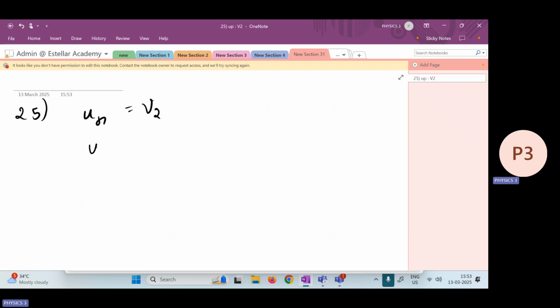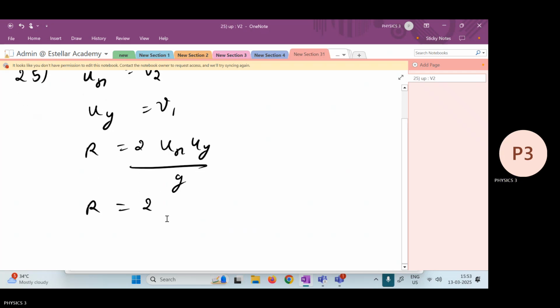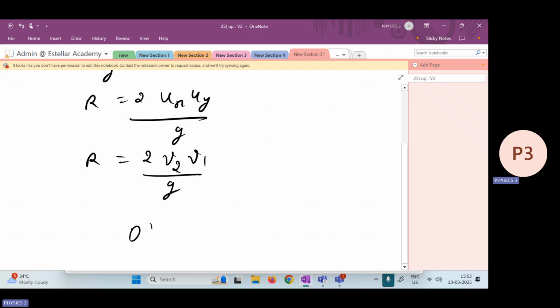The vertical component we can write uy is equal to v1. Now range we know is 2ux uy by g. So range comes out to be 2 v2 v1 by g. That would be range. So D option would be correct answer in this case.